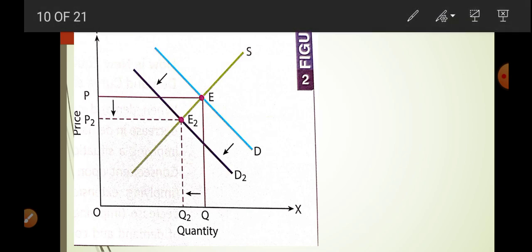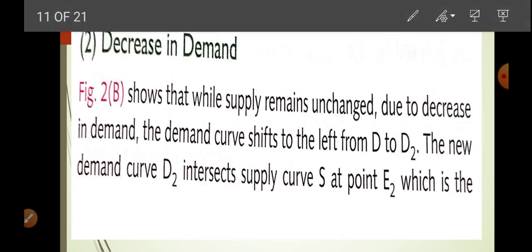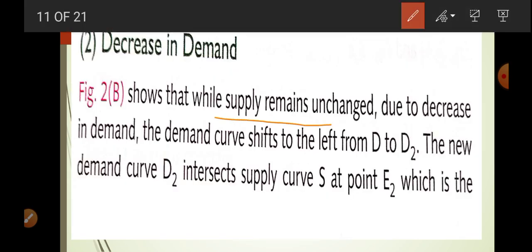Now come to the next condition, decrease in demand. Here supply is the same. If there is a decrease in demand, what will happen?